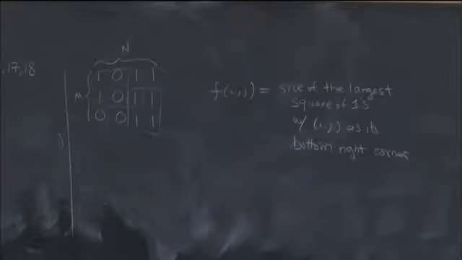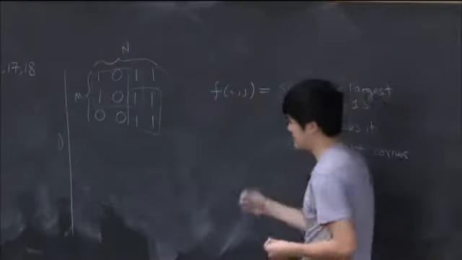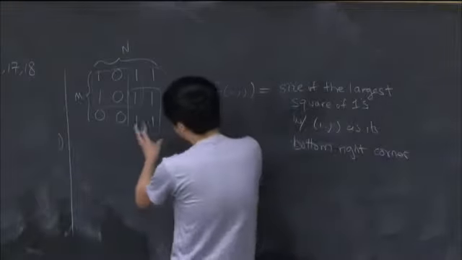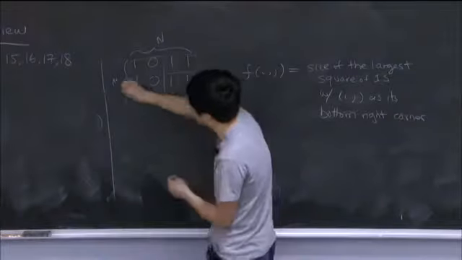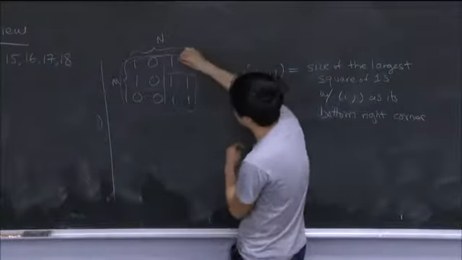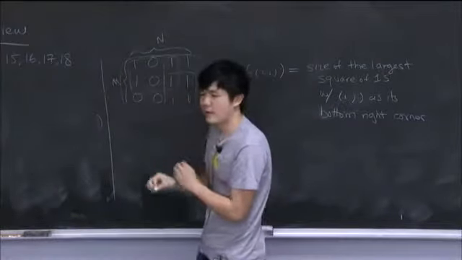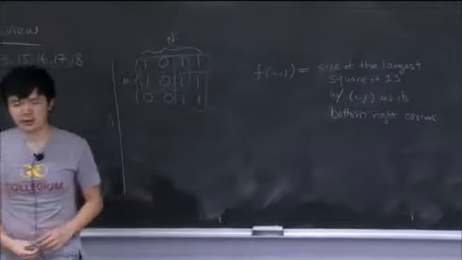So I mentioned a little bit ago that the largest matrix of 1s in this region is related to the largest matrix of 1s in this region, right? But it's not obvious how those are related.